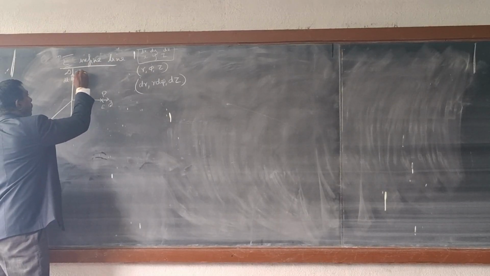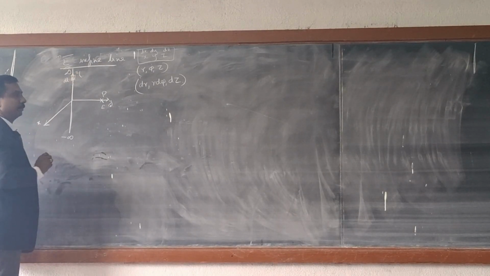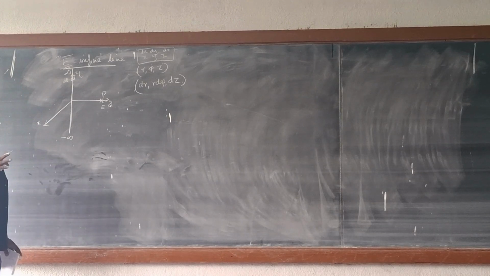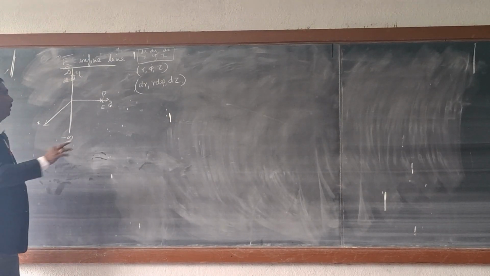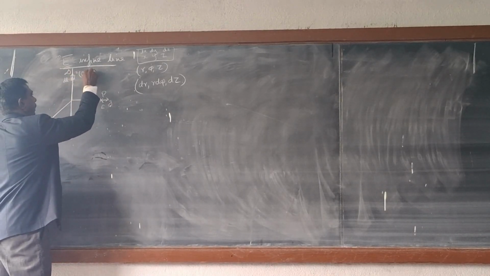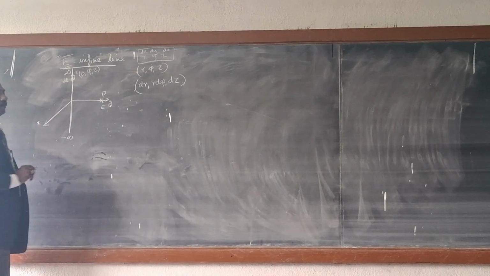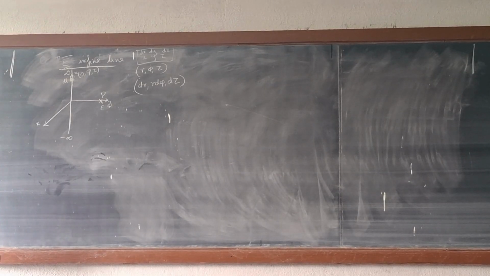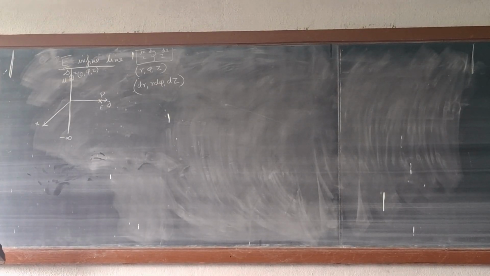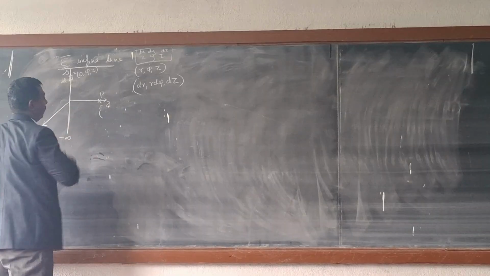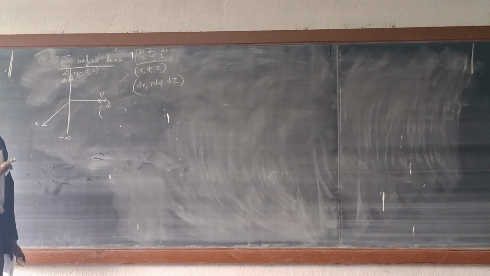So the coordinates of this point are, we know, since it is on z-axis, one thing we are sure, radius will be 0, right? Phi it may be any value and z may be any value. I am placing it at a random point, anywhere in that axis. But one thing we are sure that since it is on the axis, radius will be 0, right? And similarly, if you take in this case a point, it is also placed at random, right?